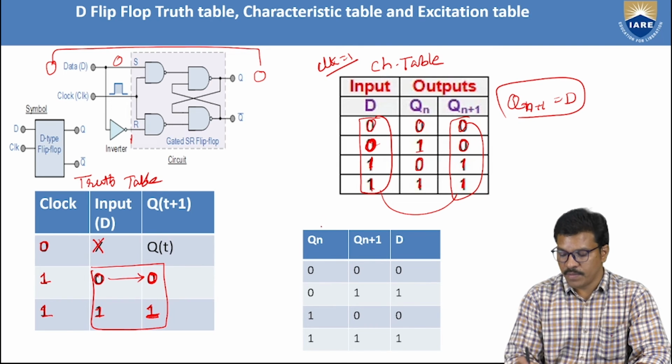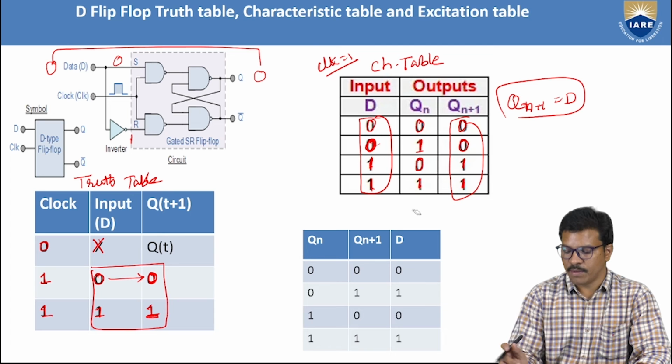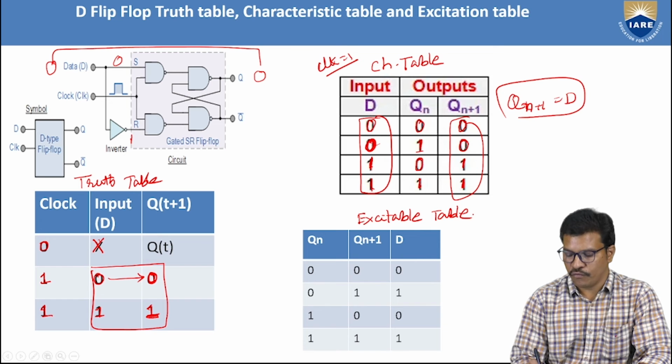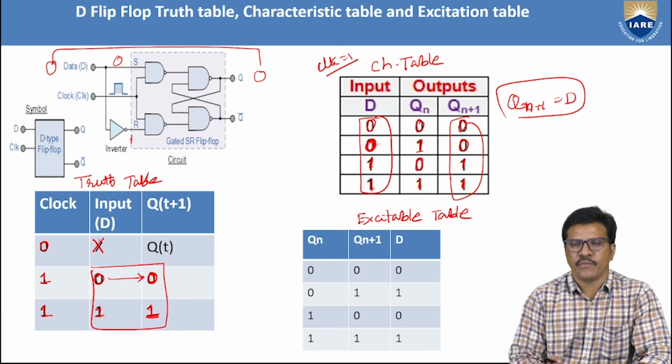And what will be the excitation table? Excitation table for D flip-flop. The excitation table for D flip-flop is the relationship of present state and next state with respect to inputs.